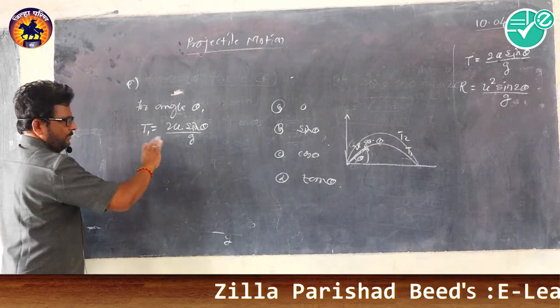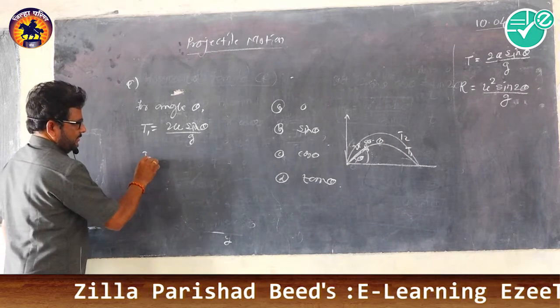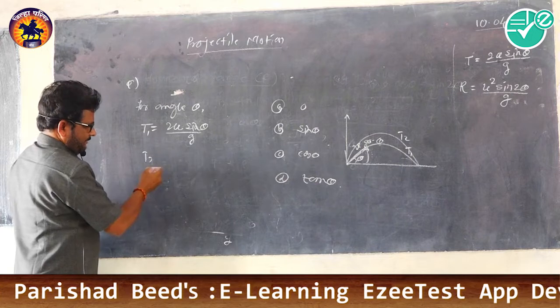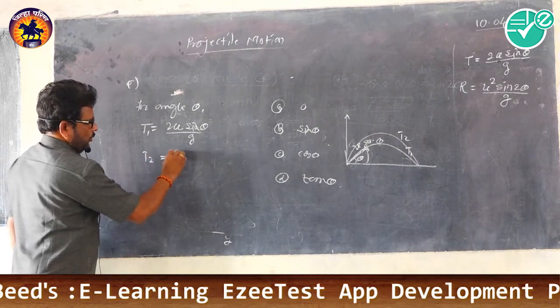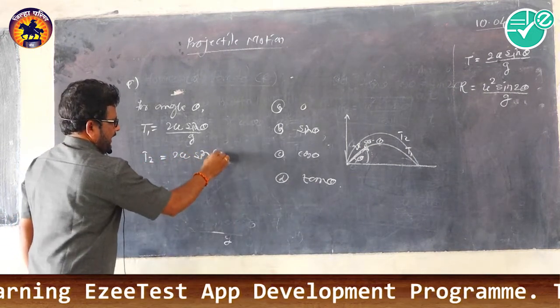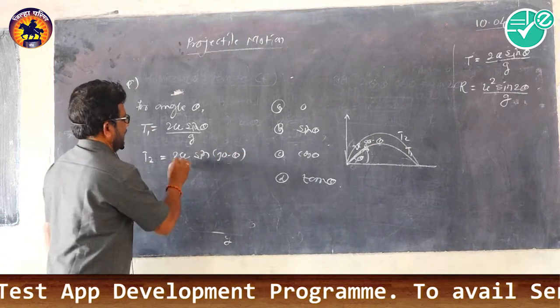And for the second angle, the time of flight becomes t2 is equal to 2u sin of 90 minus theta upon g.